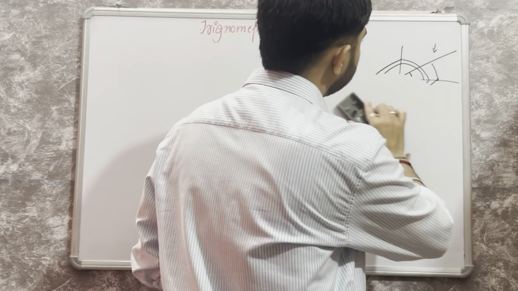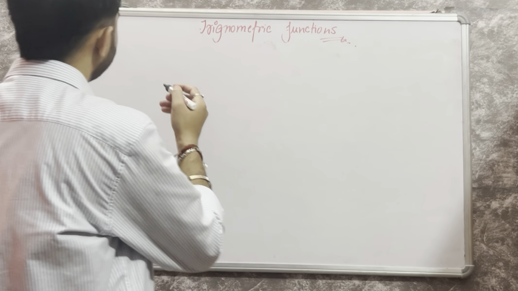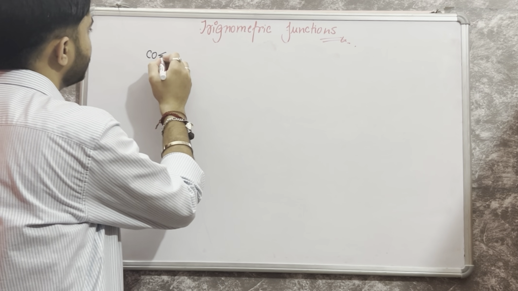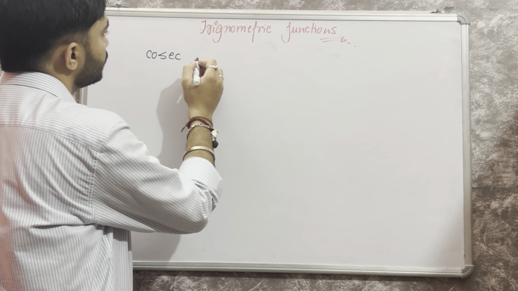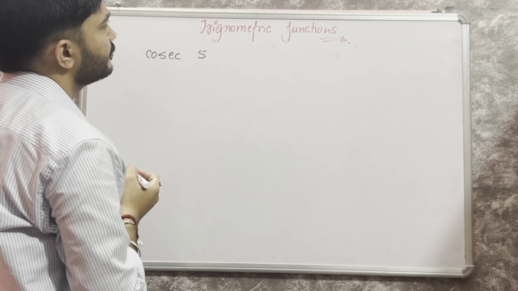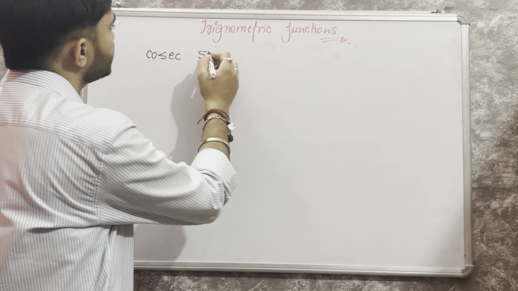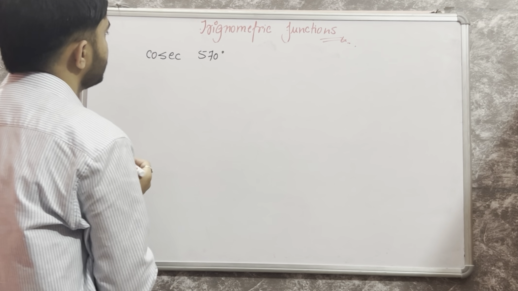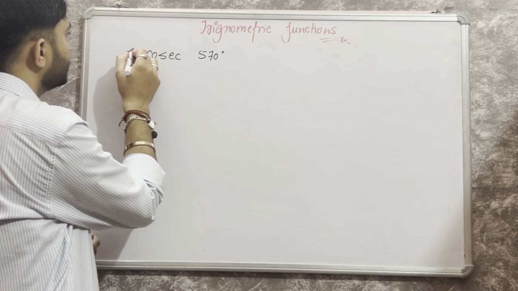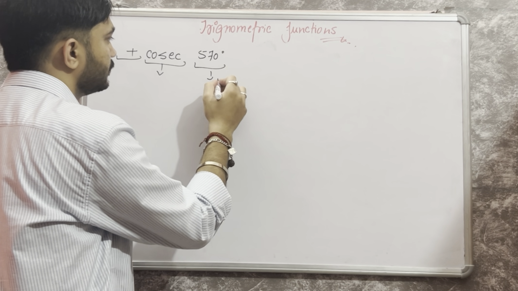So the next question will be, find the value of cosec 570. So the sign, trigonometric function, angle.